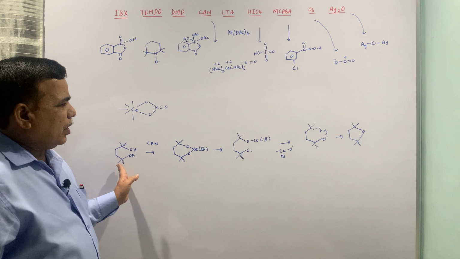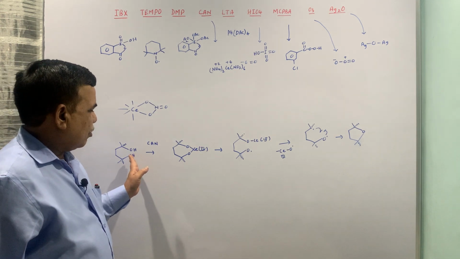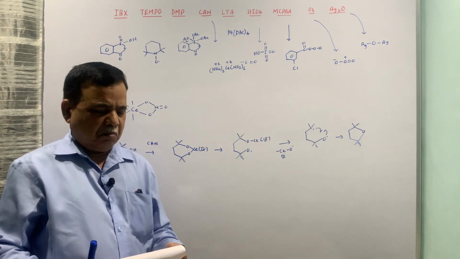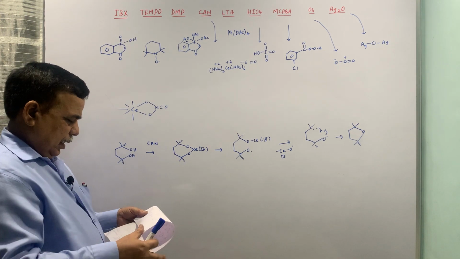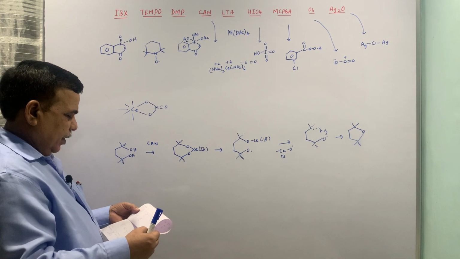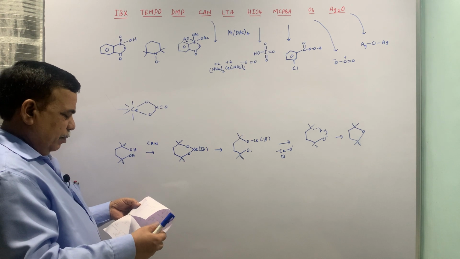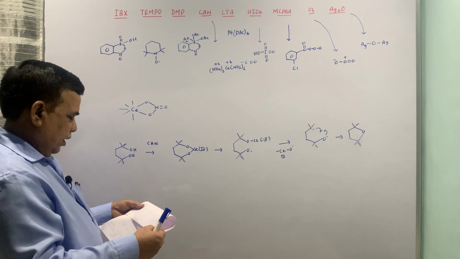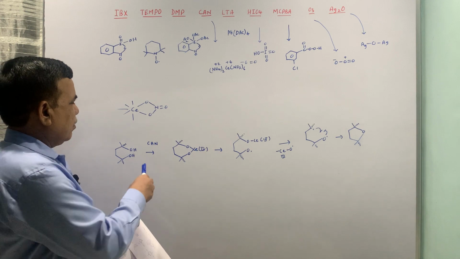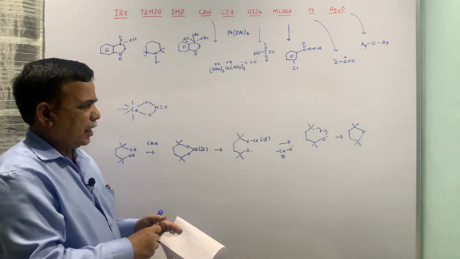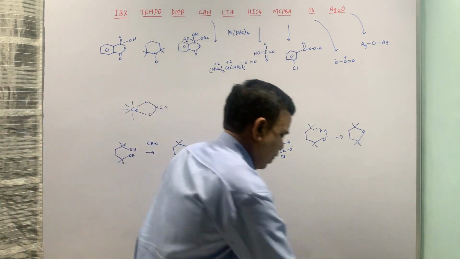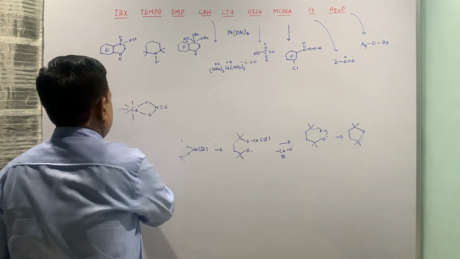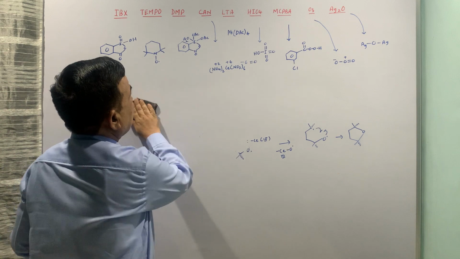Now you can see that one oxygen is lost. So this is a process wherein cerium is undergoing reduction and is oxidizing the compound. Okay. Now the next reagent, that is lead tetraacetate.